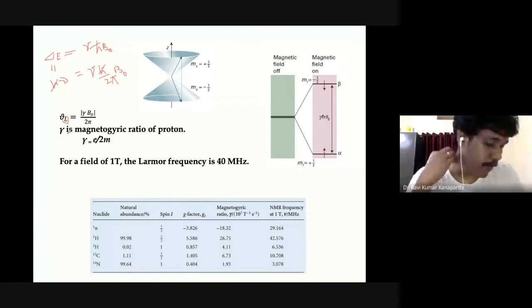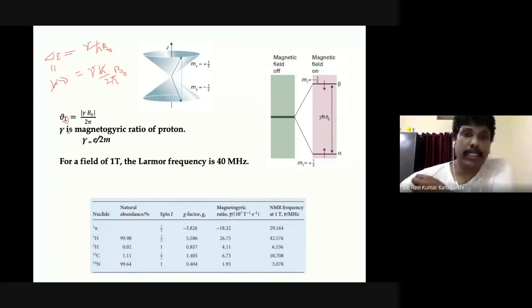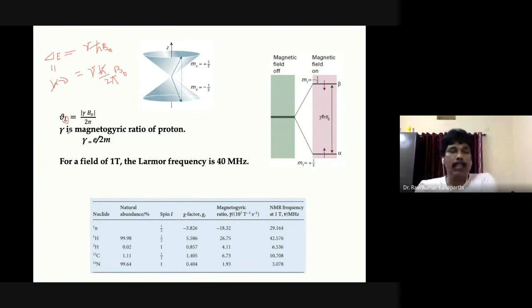Now, when you place non-zero spin atomic nuclei, especially half-spin nuclei, in an external magnetic field, there is a resonance condition, and when you supply appropriate radiation, we will have resonance.